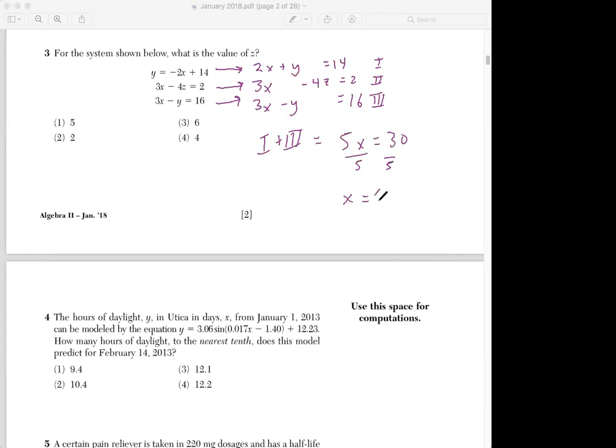X equals 6, just like before. And now you sub x equals 6 into 2. This one's simpler than the other ones that we've done. And because it's simpler, we don't have to follow the same steps. And because we don't have to follow the same steps, it seems more difficult.